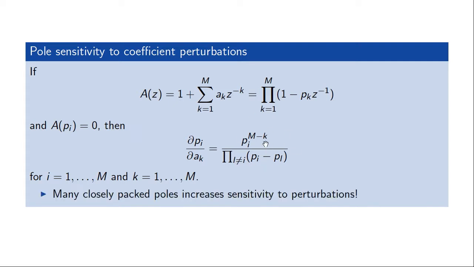And what this tells us is that if we have many closely packed poles in a system, it will also be very sensitive to perturbations, simply because we'll have many of these small terms that appear in the denominator of this expression that captures the derivative of the pole position with respect to the coefficient.